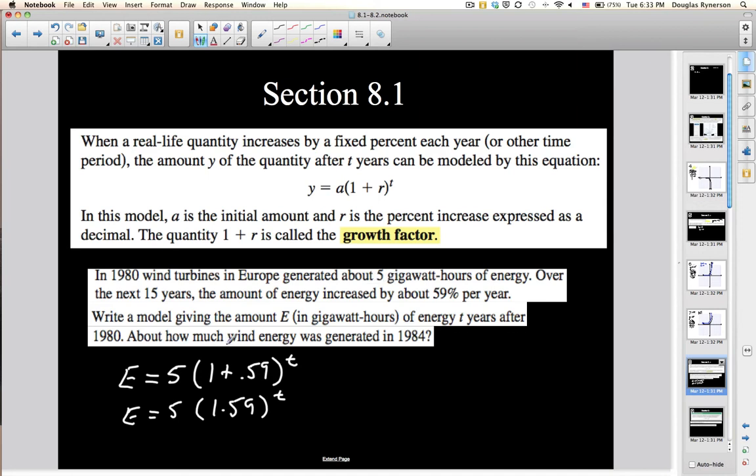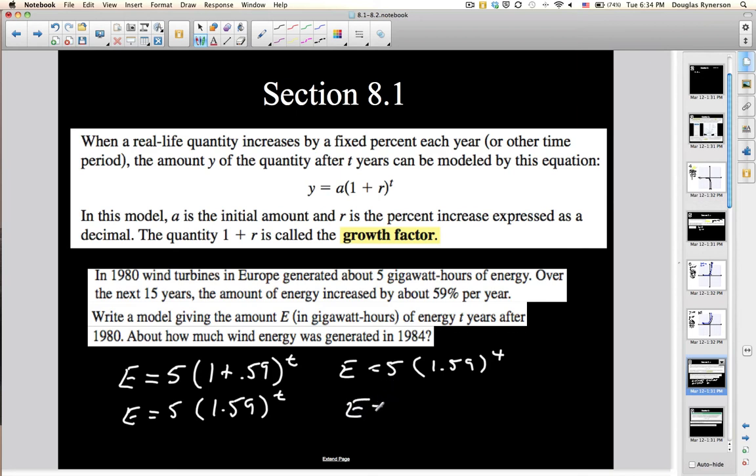Okay, so when we want to look at how much wind energy was generated in 1984, we'll have E equal to 5 times 1.59 to the 4th power, because 1984 is 4 years after 1980. So I'll take 1.59 to the 4th power, and then multiply it by 5.